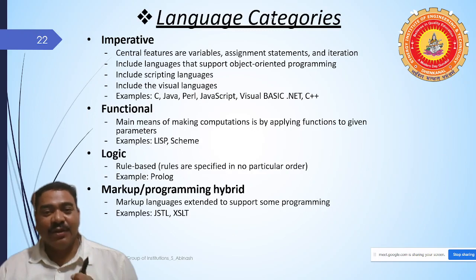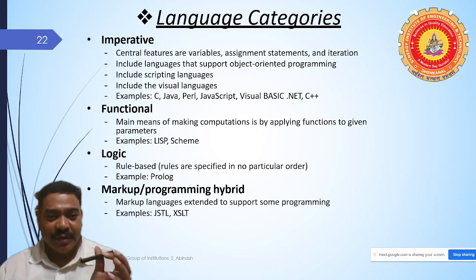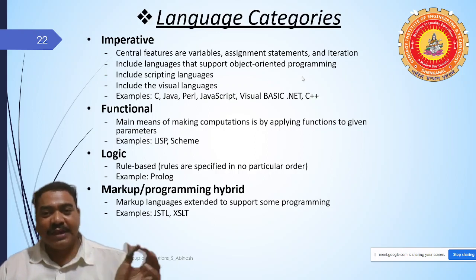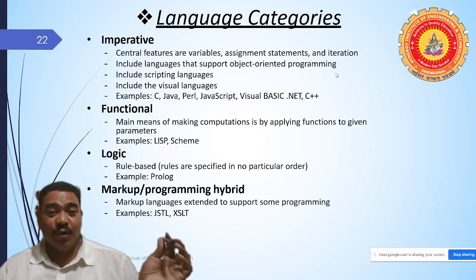Okay. Language categories. We have already discussed language categories. Number one category is the imperative programming language. The central features are variables, assignment statements, and iteration: for loop, do-while loop, etc. They include languages that support object-oriented programming, scripting languages, and visual languages, for example C, Java, Perl, JavaScript, Visual Basic, .NET, C++, etc. Then functional programming language.